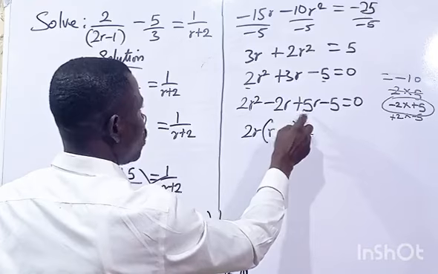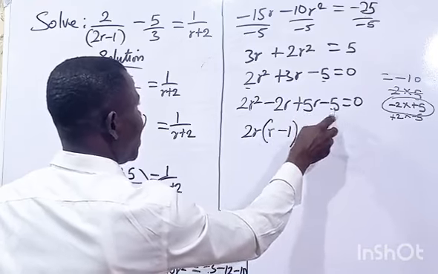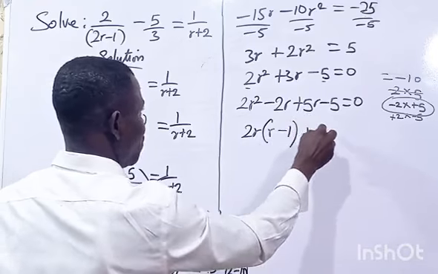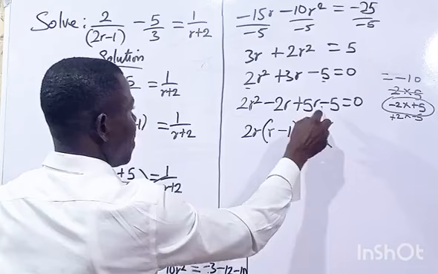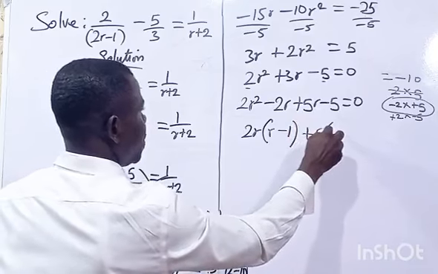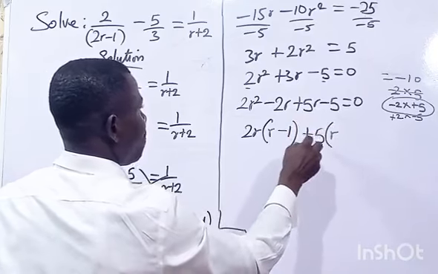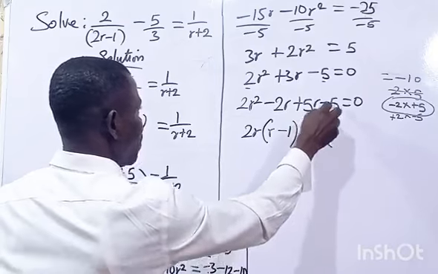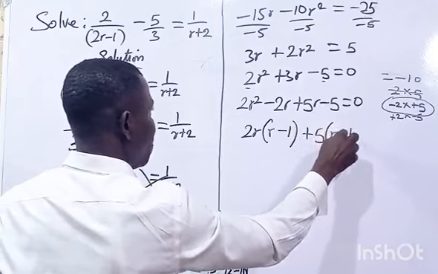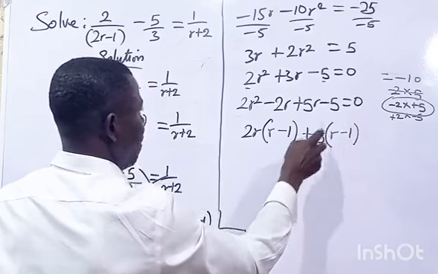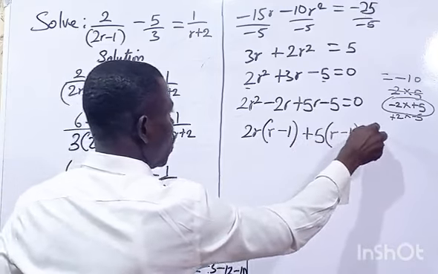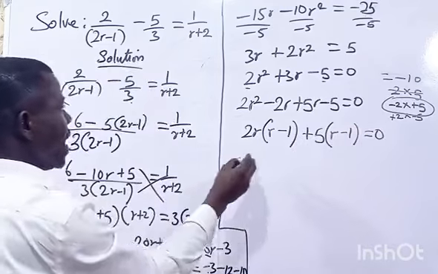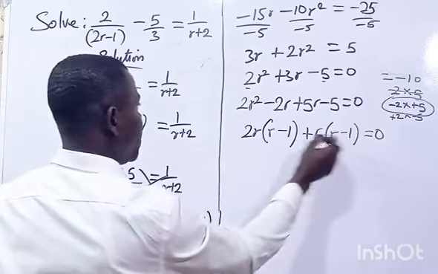What is common between here and here is 5, so you pick out 5. 5 goes into 5 arrow is arrow, and 5 goes into minus 5 is minus 1. Remember that. Don't just say 1. Minus 1, because minus is stronger than plus. All equal to 0.